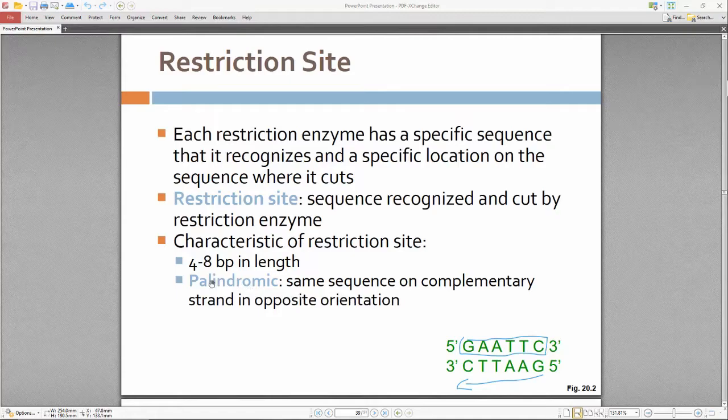It's normally 4 to 8 base pairs in length, and it's palindromic, so the same sequence on the complementary strand. If you have a sequence on the template, the same sequence is found on the complementary strand in opposite orientation. So if you look here, GAATTC is GAATTC going the other way.